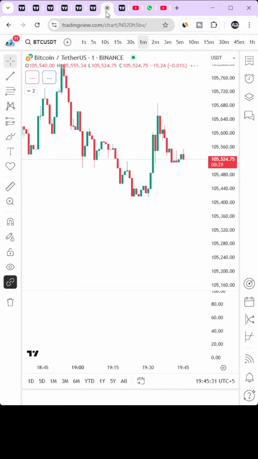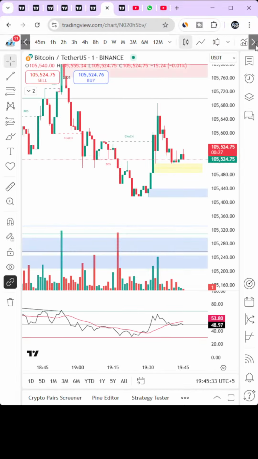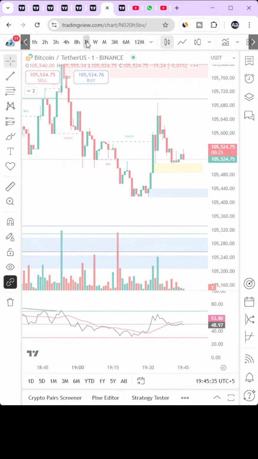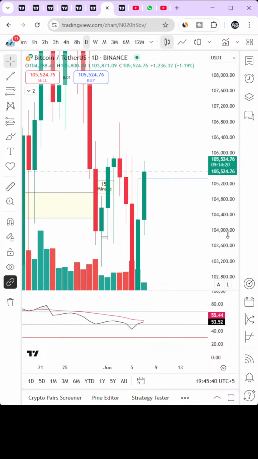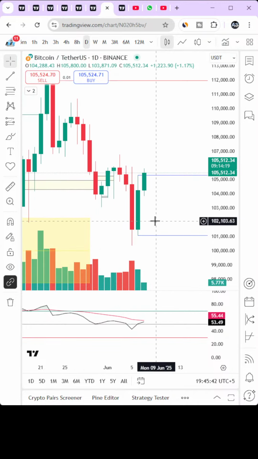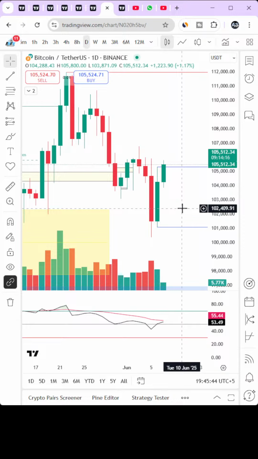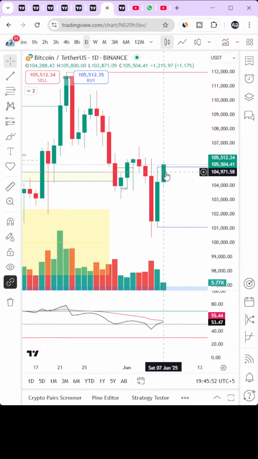And what is happening in the daily candle? The daily candle is also a bullish candle, and the previous day's candle was also a bullish candle. So it is expected that the market can move to the upside.